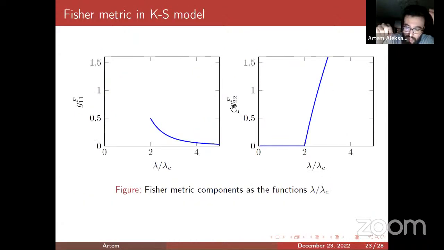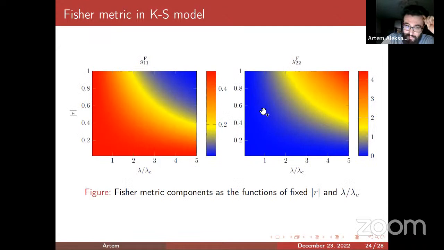So my metric is two-dimensional, and moreover, I can show that it's a diagonal metric, and here I plot the diagonal components of my Fisher metric. You can see that the first component exists only in the synchronized state, and the second component is identically zero in the non-synchronized state. So we can see the phase transition in the Kuramoto-Sakaguchi model in terms of the Fisher metric for stationary solutions of the Fokker-Planck equation. It is a statement.